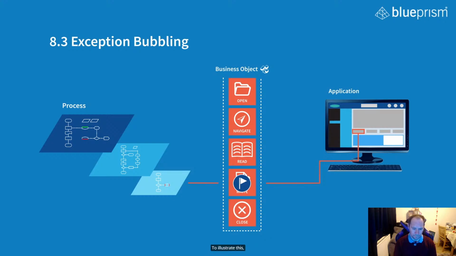To illustrate this, you will configure a process solution whereby the exception travels up from an action within a business object and through the calling process until it encounters a page that contains exception handling logic.